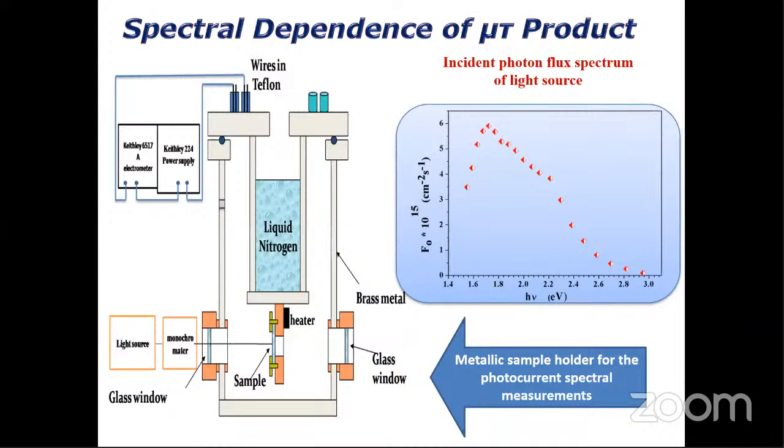So this has been done in the same sample holder which we have used here. Here we have used Keithley 6517 for the measurement of the electrical current, and power supply. For the power supply, we have used Keithley 224.